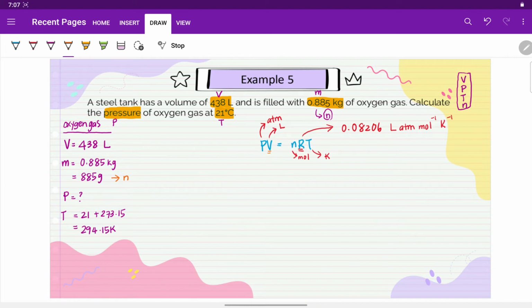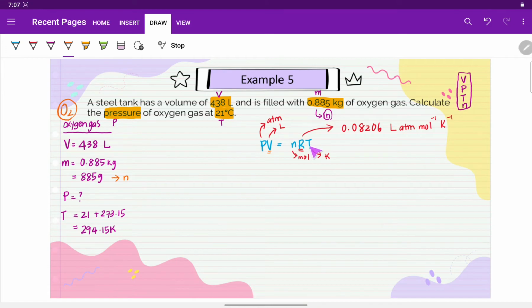Kita ada oksigen gas, so ingat oksigen gas mesti O2, bukannya O sahaja. This is very important because you need to change from mass to number of mole. So, you need to have the correct molar mass.